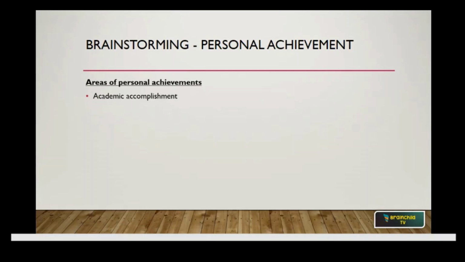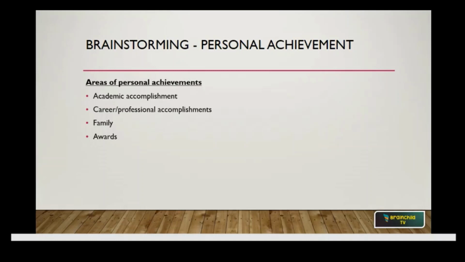So I will look at my academic achievements and say, okay, so all you're looking for in brainstorming are ideas. So I look at my academic achievements, I look at my career and my professional accomplishments, I would look at my family, and I'd look at my awards.